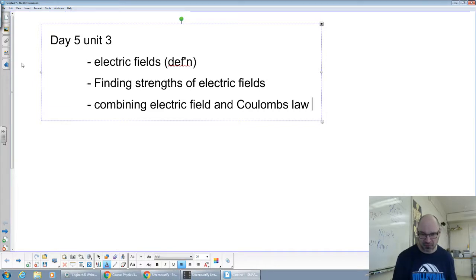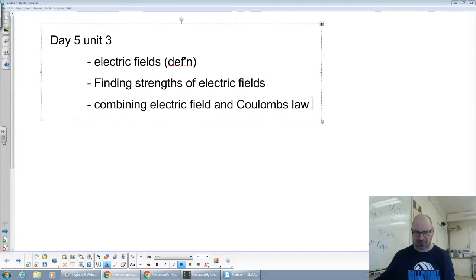So the first thing we're going to do is look at electric field. What is an electric field? And we're also going to look at the electric field equation, the strength equation. And of course, the force that is created by an electric field is a vector quantity, because we know that forces are vectors.